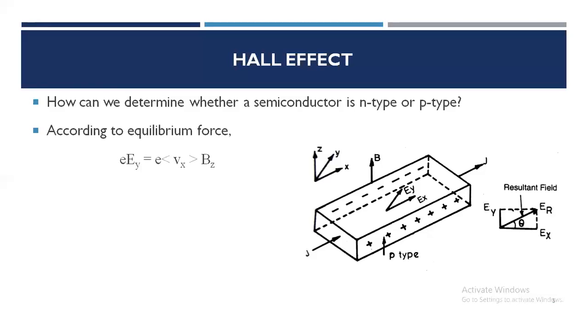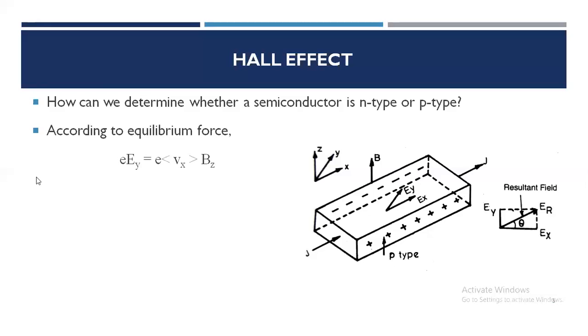So we can write the equilibrium force. The force due to the electric field Ey in the direction of y is written as e into Ey. The same force appears on the slab due to the Lorentz force, or left hand rule.